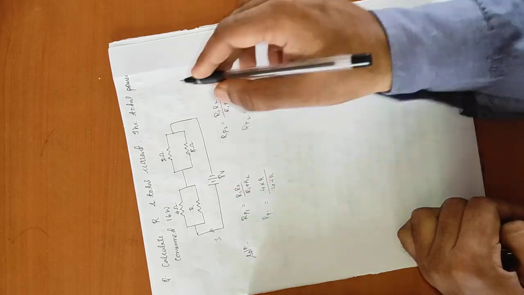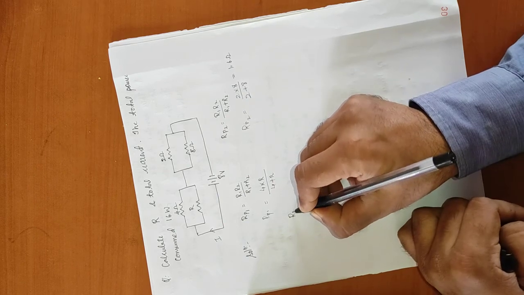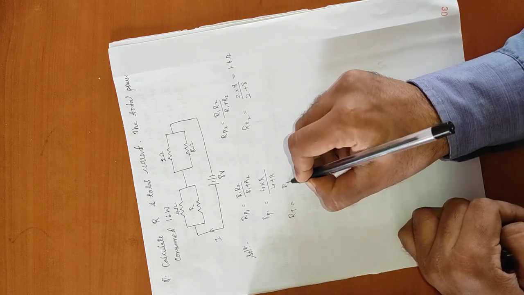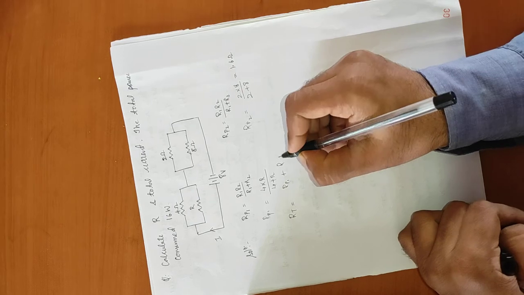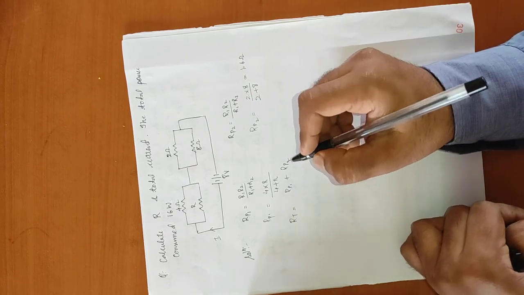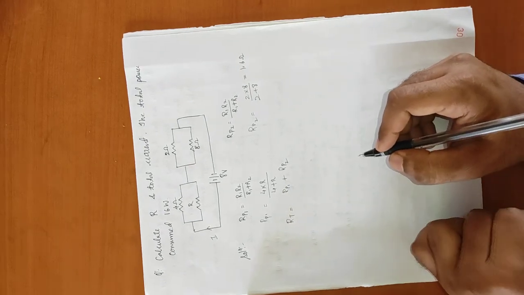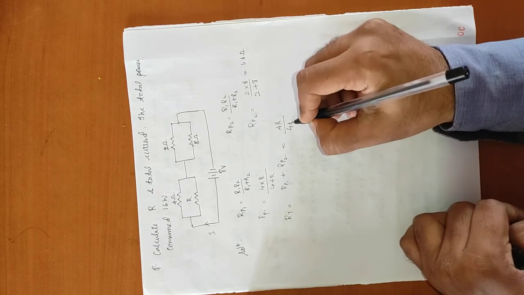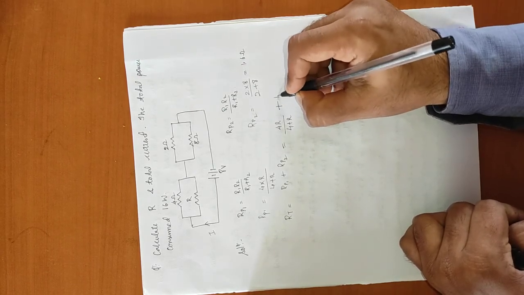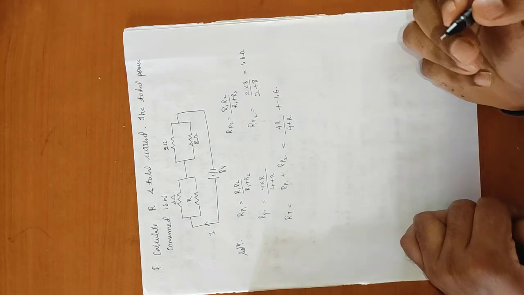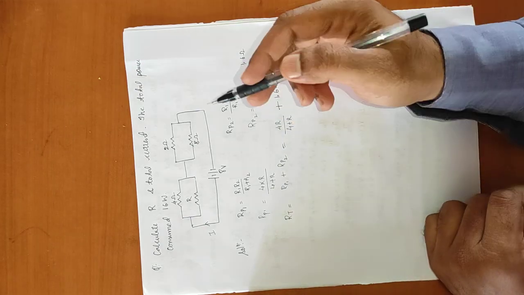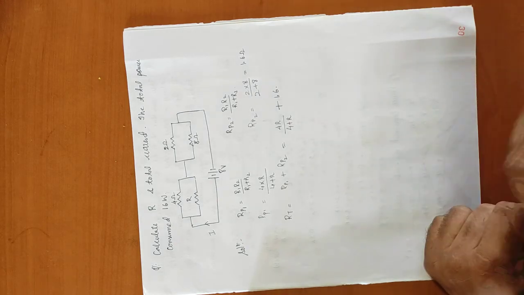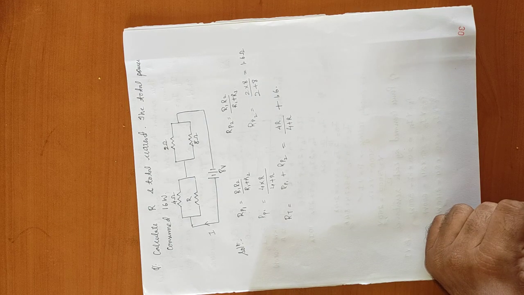Now what is the total resistance? R total is equal to RP1 plus RP2. Therefore it is 4R divided by 4 plus R, plus 1.6. Now we need to calculate the total current. How do we calculate it?